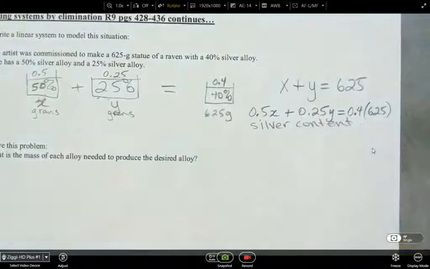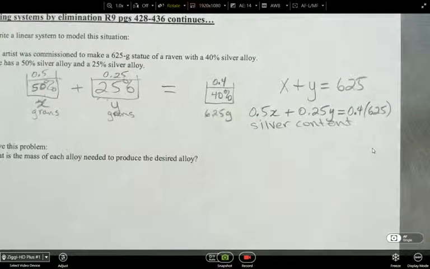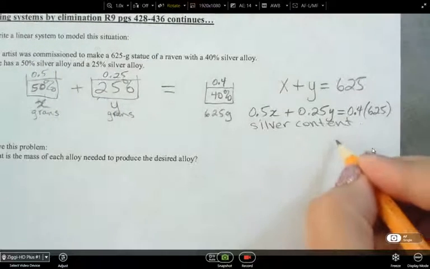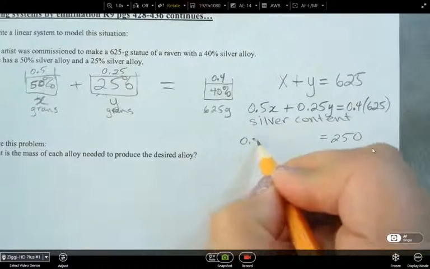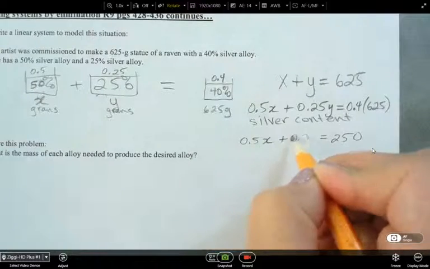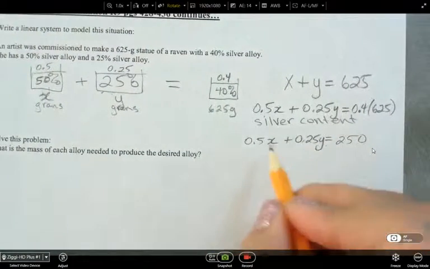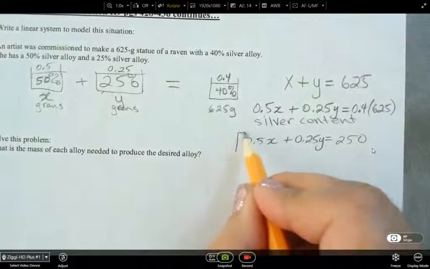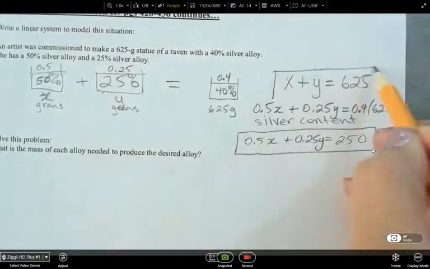So everything needs to be in terms of the silver content. So that's why I'm multiplying the 625 by 0.4. So 625 times 0.4 is 250. And then I can just rewrite the rest of it. All right. So this is one of my equations. And this is my other equation.